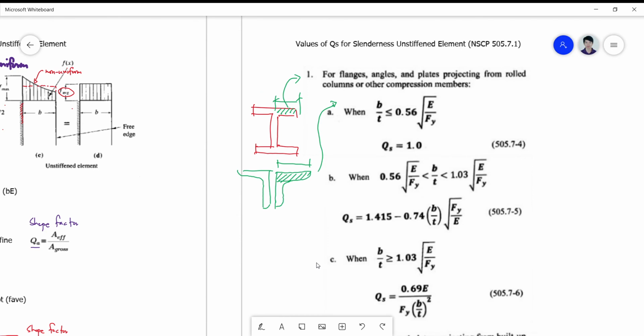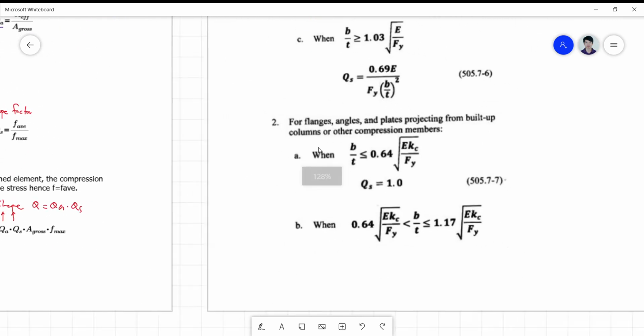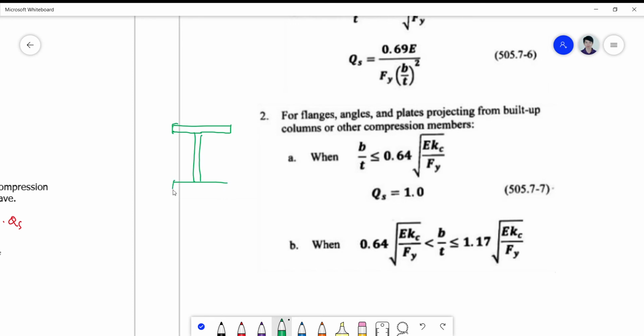Okay, for the number 2 consideration, this is now for built-up sections. So if the first one is concerned with rolled shapes, we are now concerned here with built-up sections. This one is welded here. So this is now your projected unstiffened element.